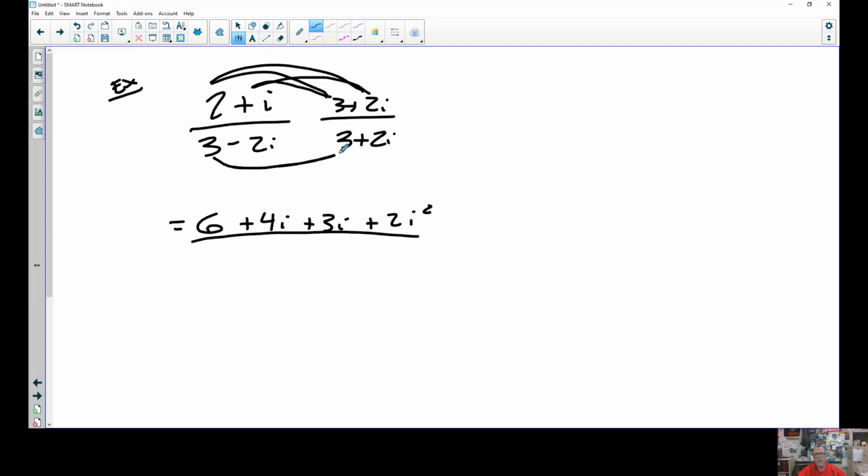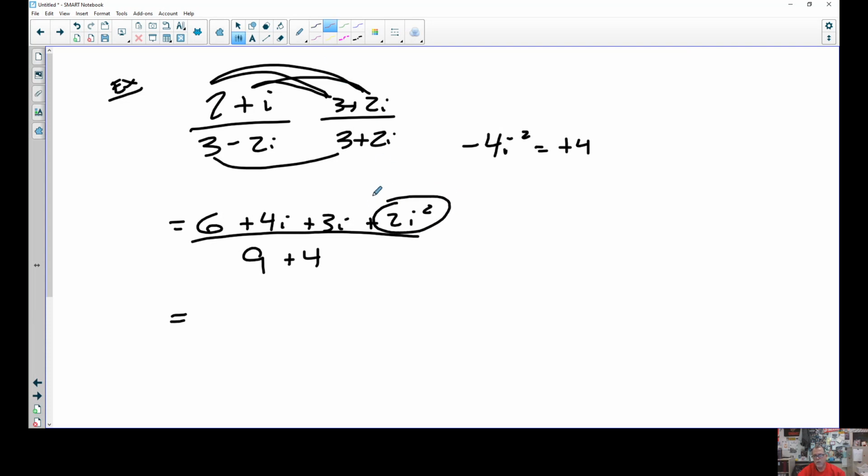All over. Now on the bottom, we're using conjugates, so we just have to do the 2. 9, and this is minus 4i squared. That's plus 4, right? Minus 4i squared equals a positive 4, because i squared is negative 1 times negative 4. So what do we got here? Well, think about this. This 2i squared, what is that really?